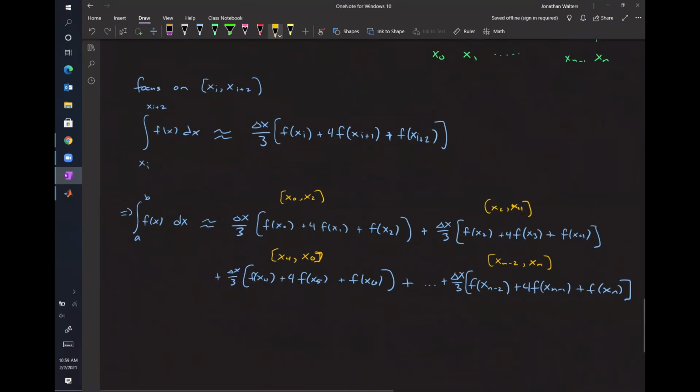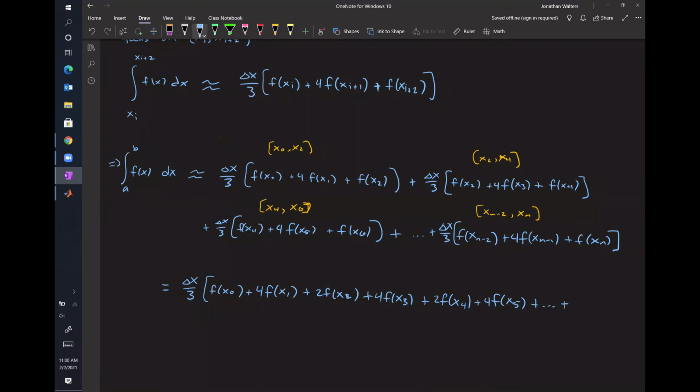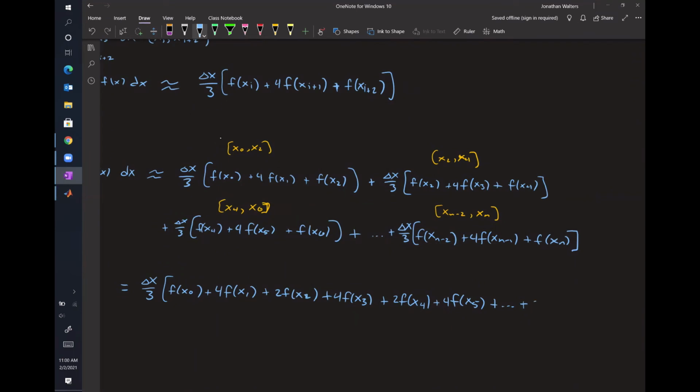Now I can factor out delta x over 3 and say that this would be delta x over 3 times f of x0 plus 4 times f of x1 plus 2f of x2 plus 4f of x3 plus 2f of x4 plus 4f of x5 plus dot dot dot, and we get out to 2f of xn minus 2 plus 4f of xn minus 1 plus f of xn.